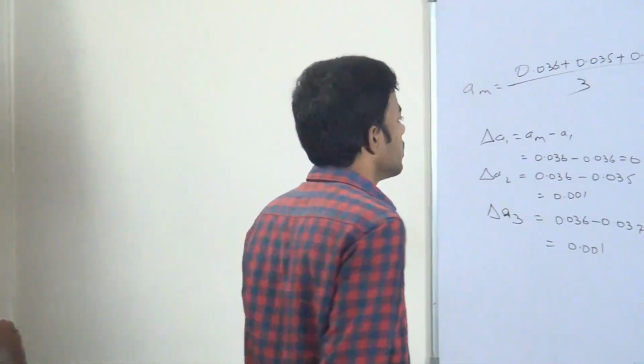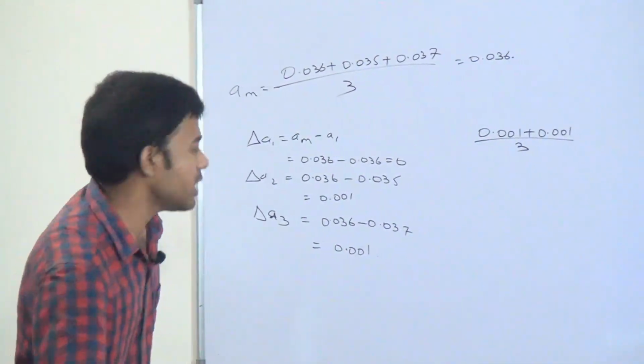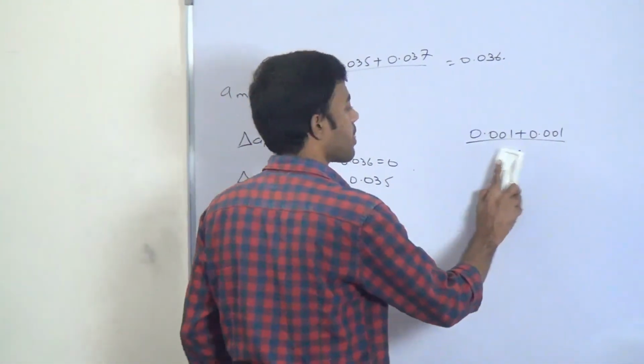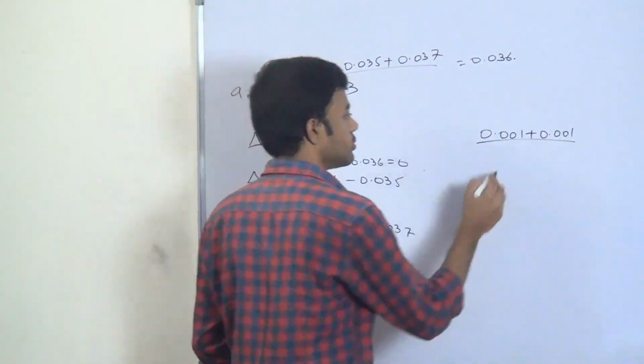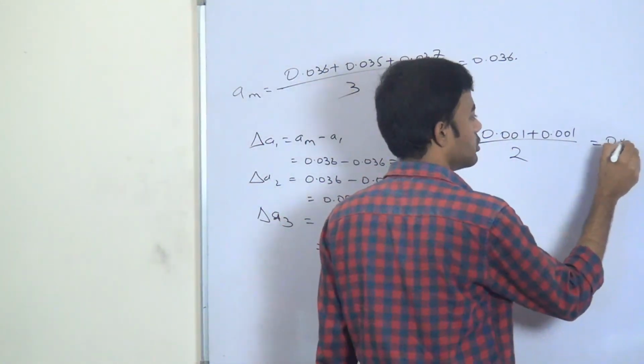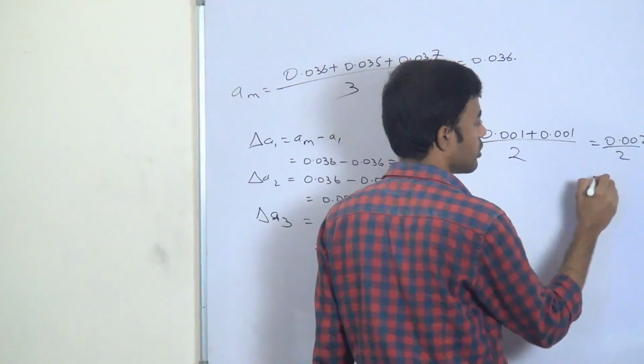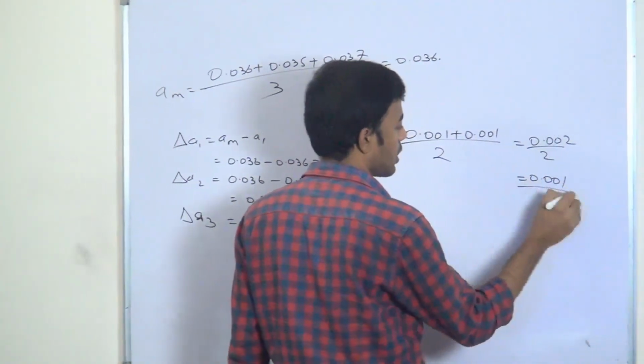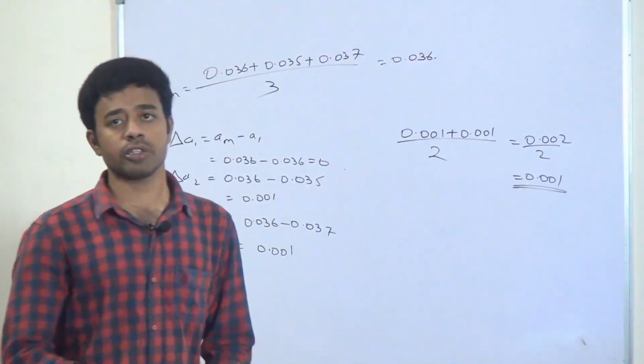That is 0.002 by 3, which gives about 0.001 as the mean absolute error.